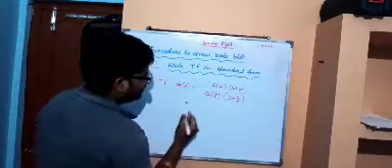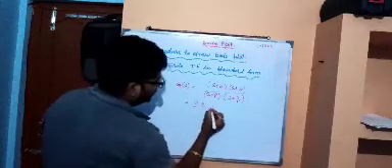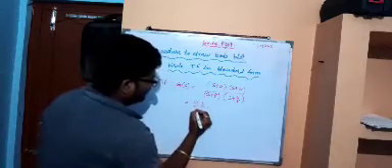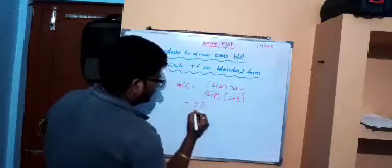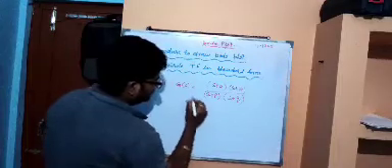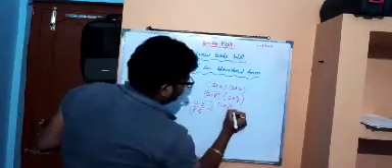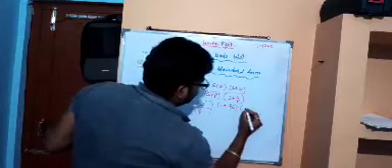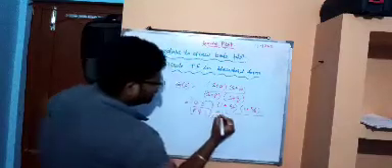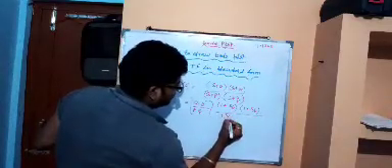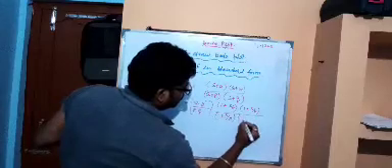Simply, this transfer function can be simplified. We take common a into b from the numerator, and from the denominator we take common p into q. So this expression becomes 1 plus s by a into 1 plus s by b, and similarly in the denominator 1 plus s by p into 1 plus s by q.